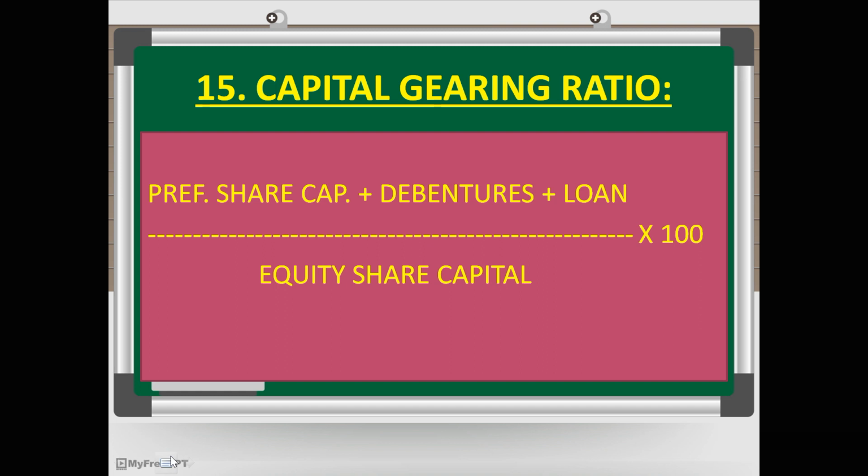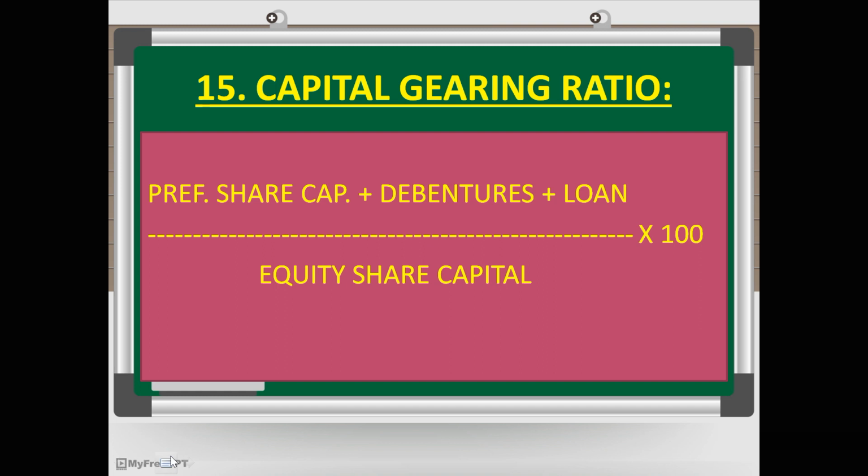Now you know, in the balance sheet we don't have preference share capital, we don't have debentures, but we have only one amount, that is bank loan.